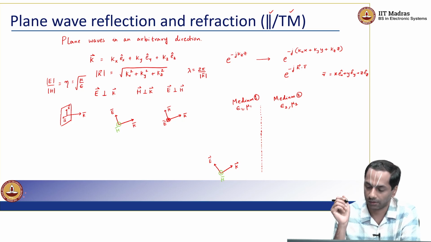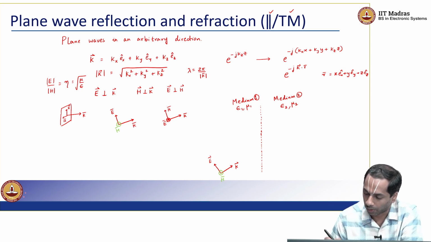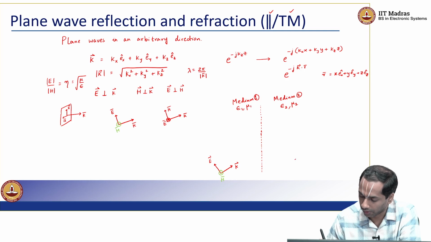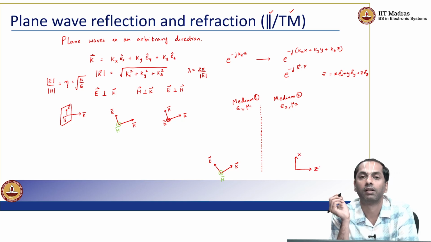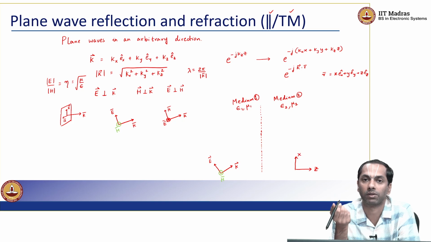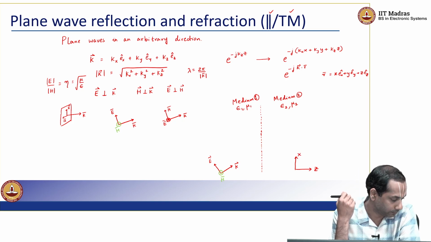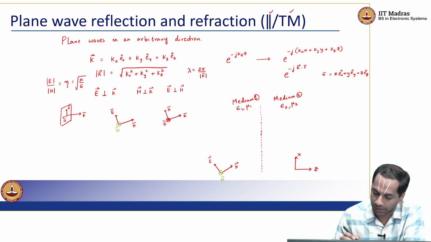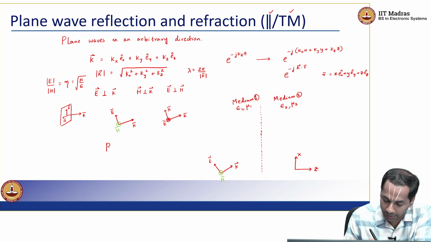So, we will have certain nomenclatures. I am going to call the plane that we are going to study the xz plane, so the axis that is coming out of the plane is y. And we define something called the plane of incidence.